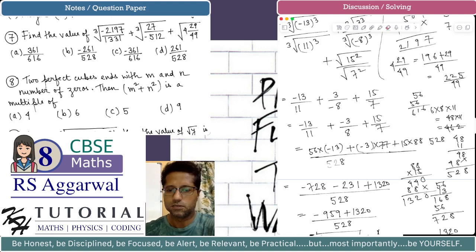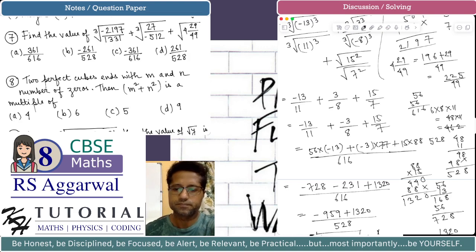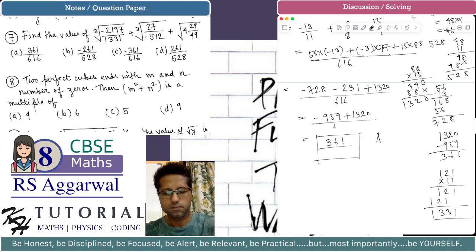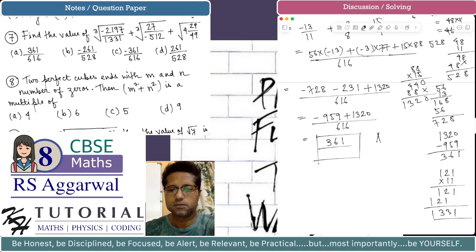So the LCM is 616. Okay, so the answer is choice A.